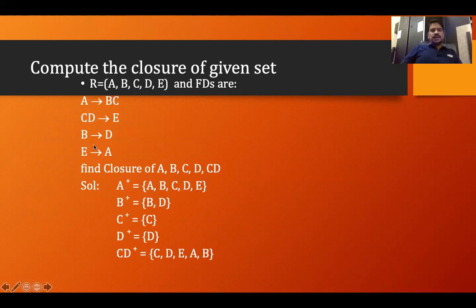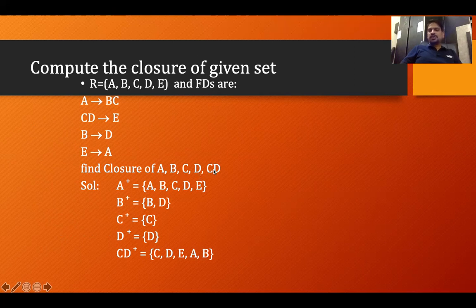Now in this example, as you can see, we have a relation, means a table, where we have the attribute A, B, C, D, E. How many attributes? 5 attributes are there. And we have the functional dependency, which is given here. What we have to find out? We have to find out the closure of A, closure of B, closure of C, closure of D, and closure of CD.